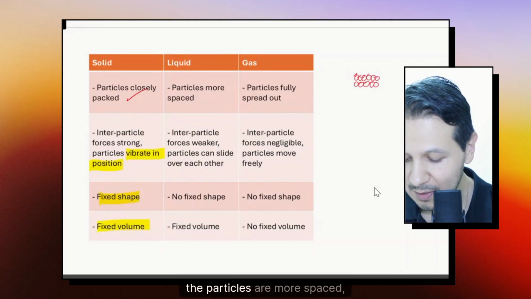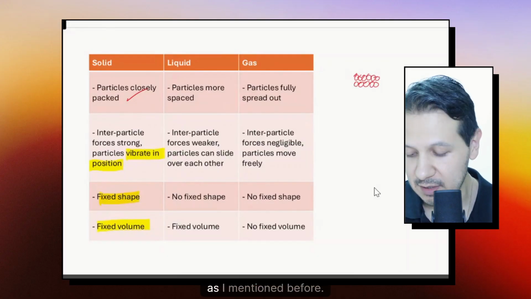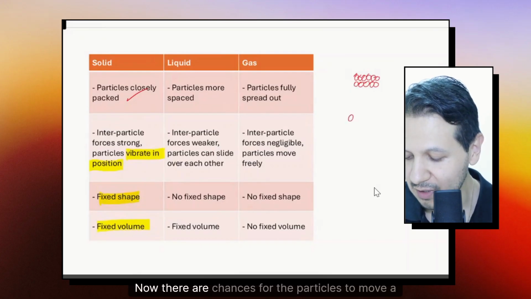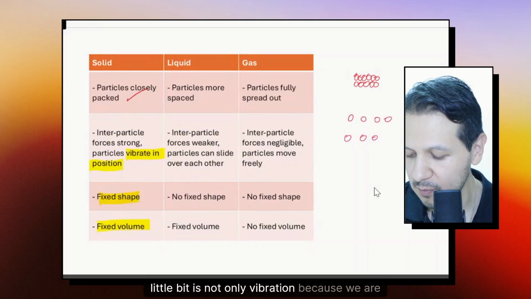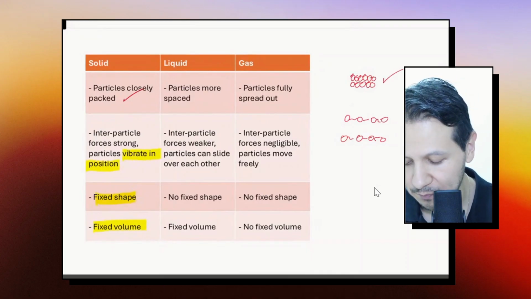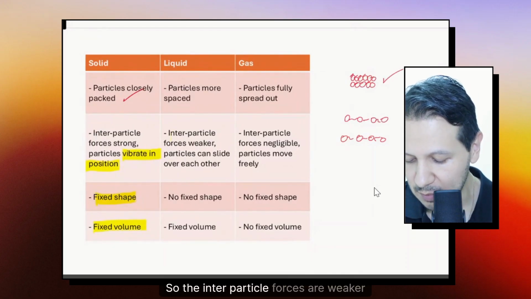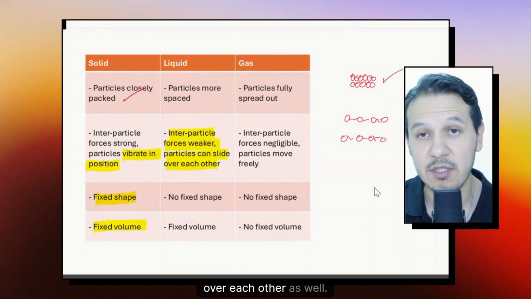In liquid, the particles are more spaced. As I mentioned before, now there are chances for the particles to move a little bit. It's not only vibration, because we are breaking the lattice, we are breaking the solid structure, we have the ability to move a little bit. So the interparticle forces are weaker, and particles can slide over each other as well.